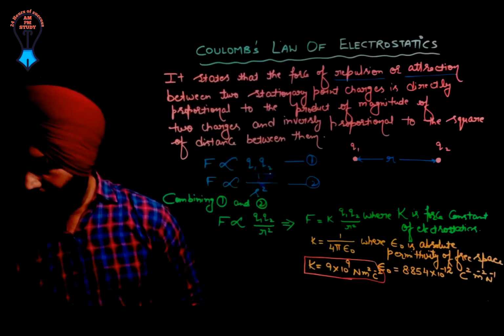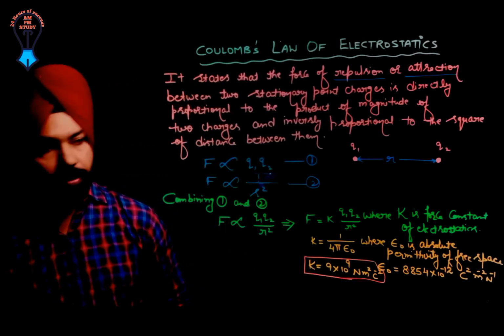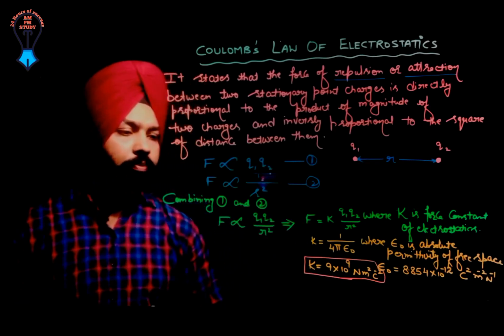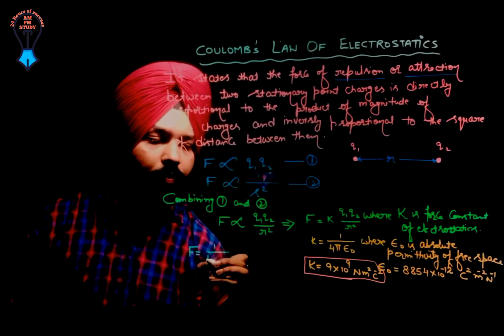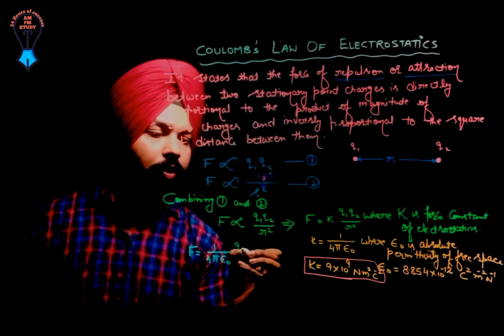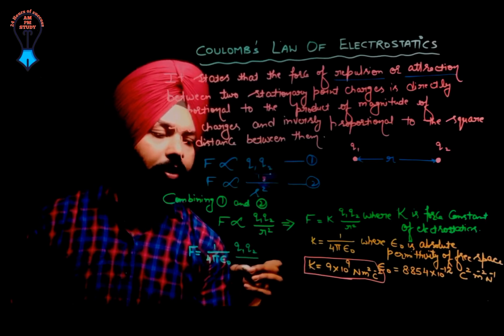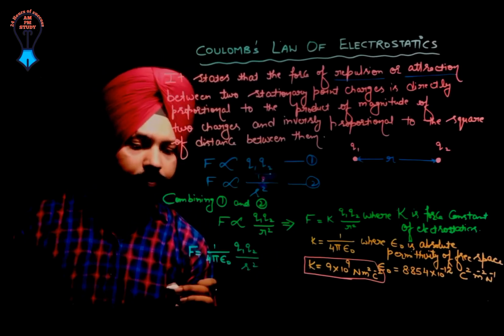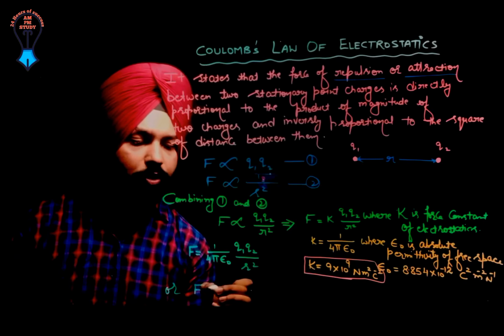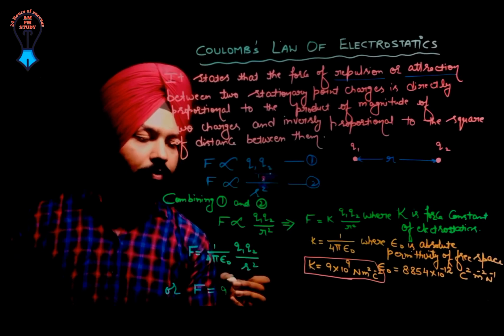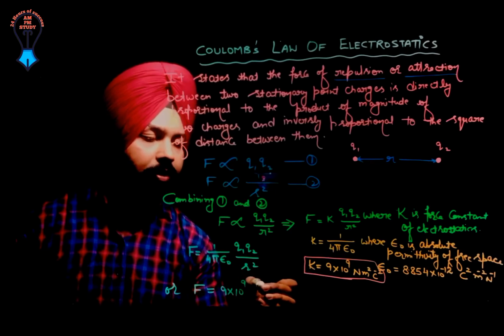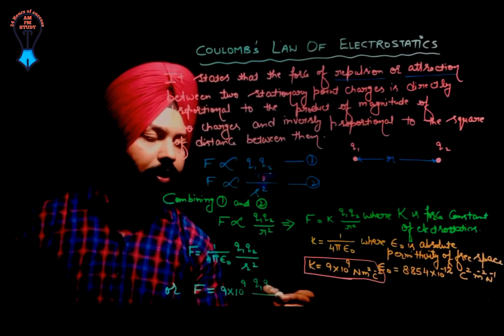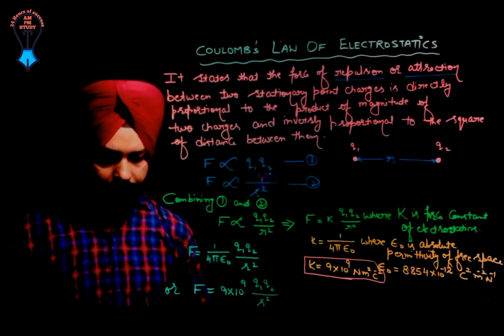So hence Coulomb's law becomes F is equal to 1 by 4 pi epsilon naught Q1 Q2 by R square. Or for numericals you can use this relation, 1 by 4 pi epsilon naught as 9 into 10 raised to power 9, Q1 Q2 by R square.